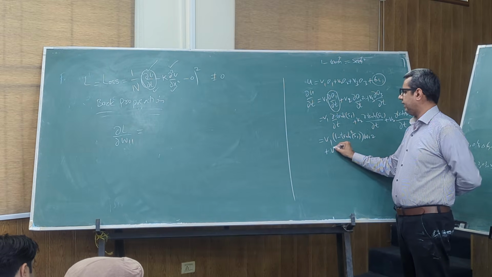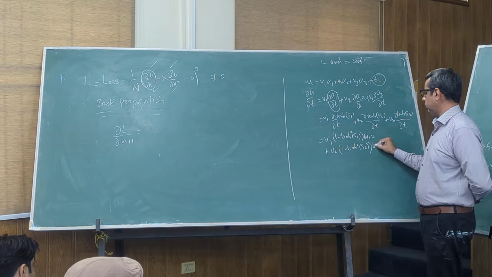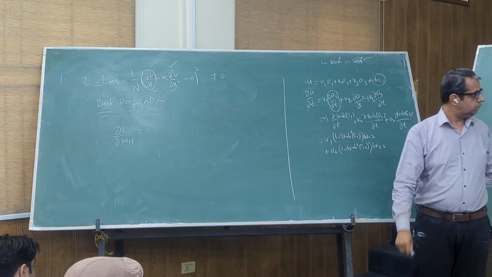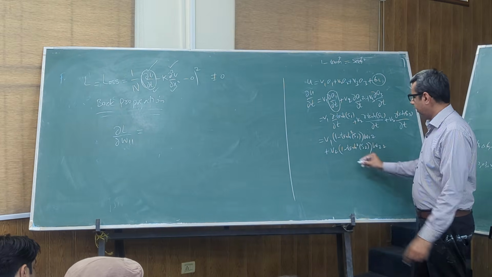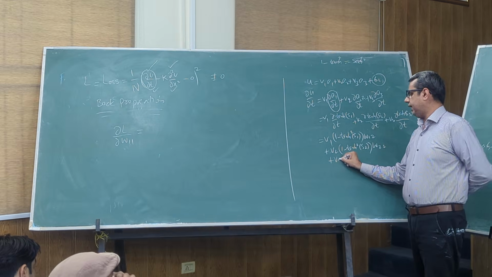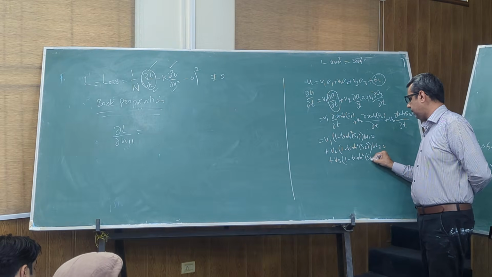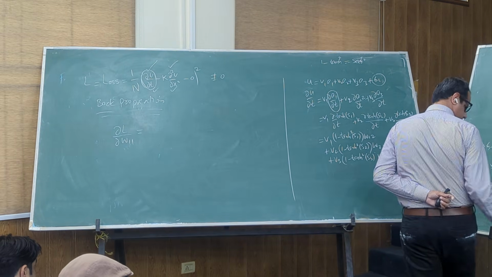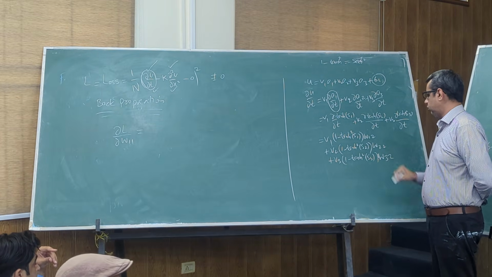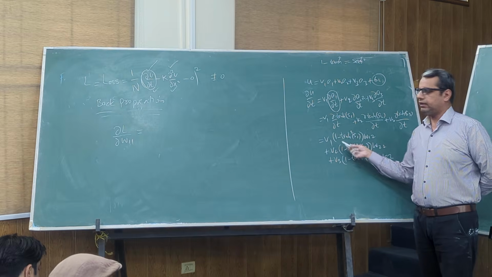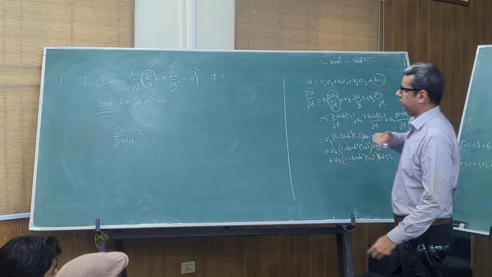Then similar for the second term, v2 1 minus tan hyperbolic square s2. Here you will get W22. And for the third term, you will get v3 1 minus tan hyperbolic square s3 and W32. So this expression will give you the partial derivative of u with respect to t.